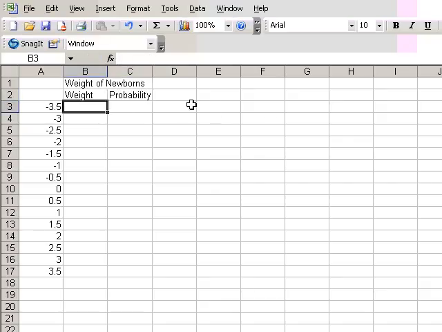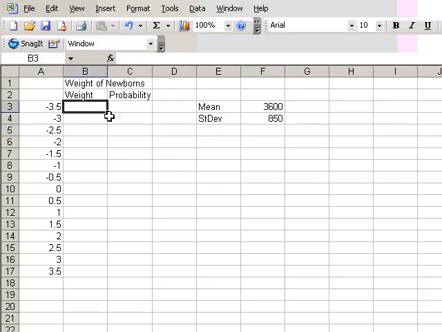Now I said that the average weight for newborns was 3,600 grams, and the standard deviation for newborn weights is 850 grams.